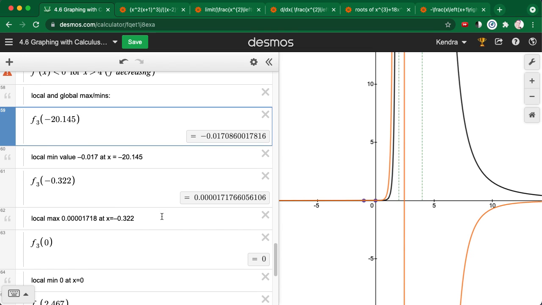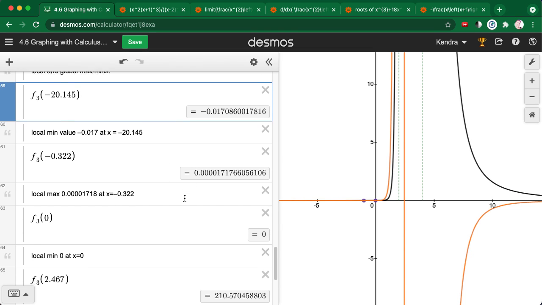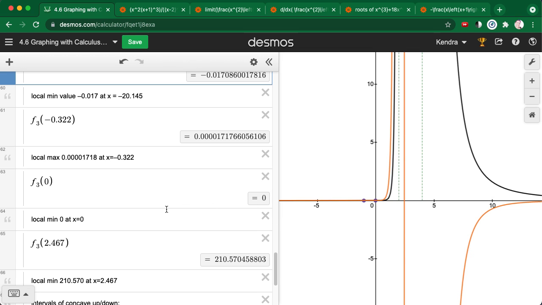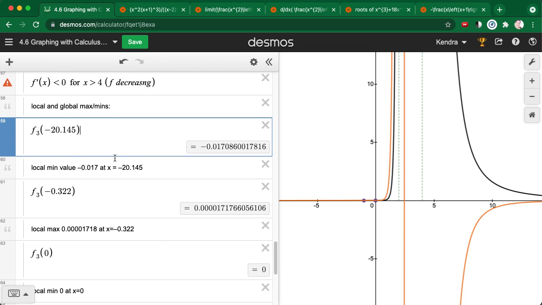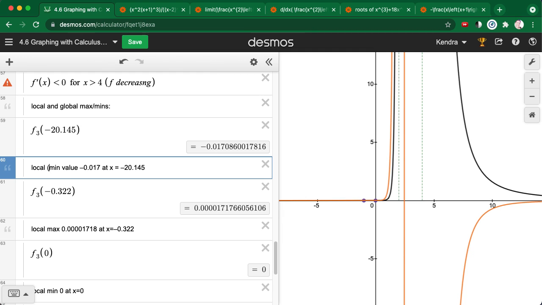And then it never gets below that again. So this is local and global. That tells us that the y values go down as low as this number, negative 0.017.